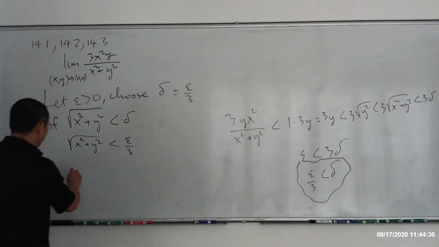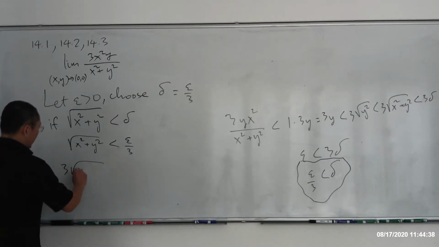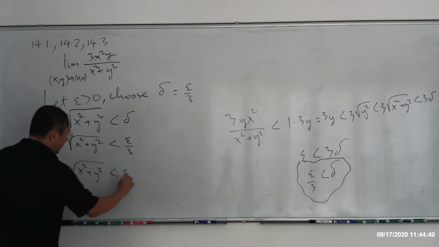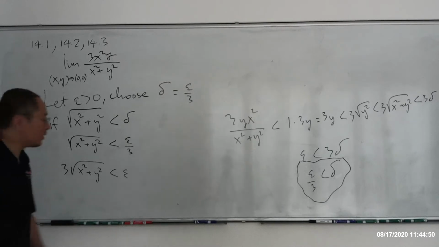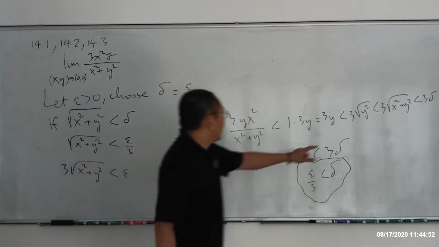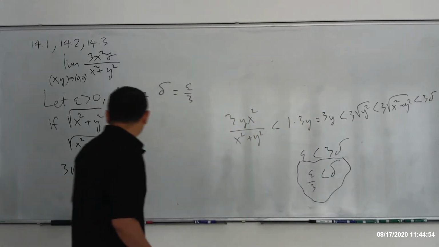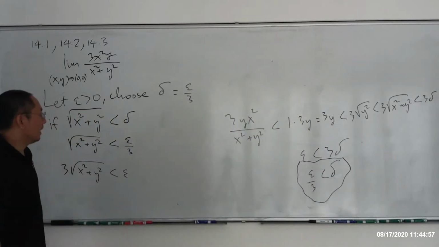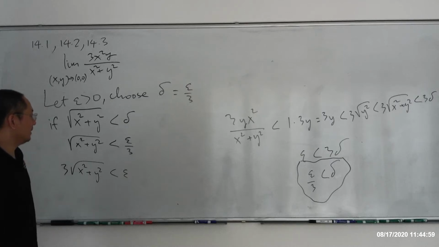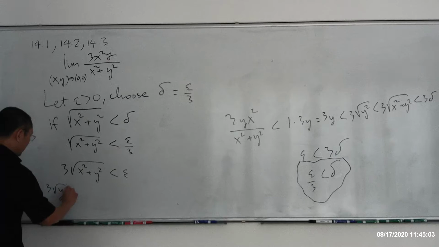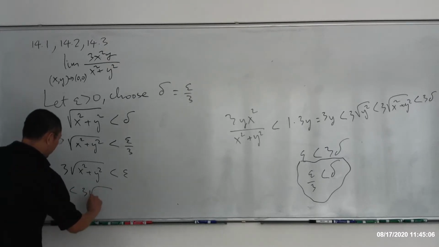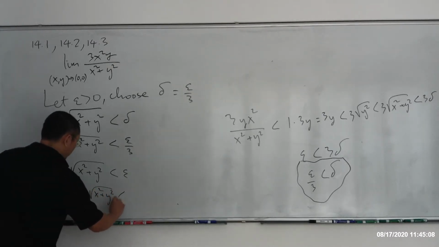Okay, so this means what? 3 square root of x squared plus y squared less than epsilon. Multiply 3 on both sides. And now, 3 square root of x squared plus y squared right here is greater than 3 square root of y squared, still less than epsilon.